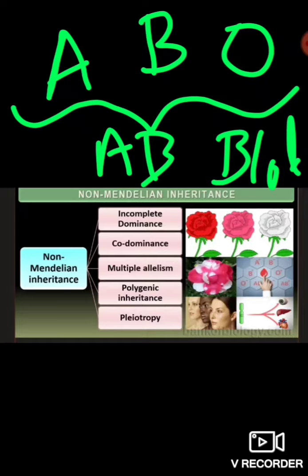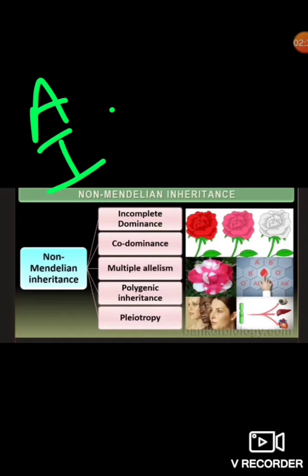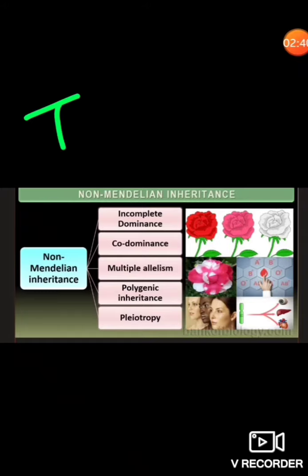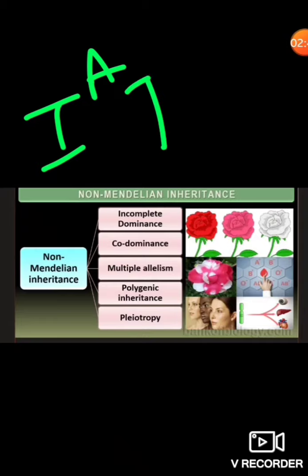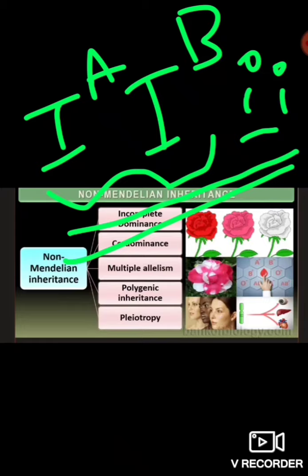A blood group is expressed by IA, B blood group is expressed by IB, AB blood group is expressed by both, and O blood group is expressed by the small i in the homozygous condition. That means there are three types of alleles observed in a population.